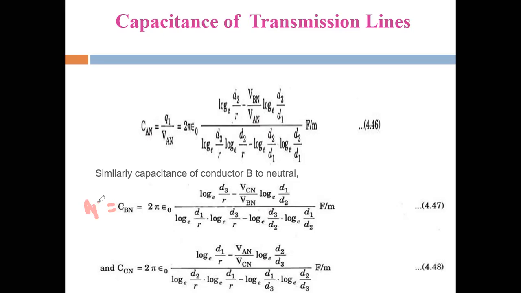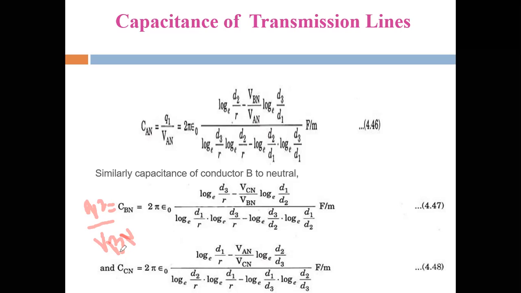Similarly, CBN is equal to Q2 by VBN, and CCN is equal to Q3 by VCN.